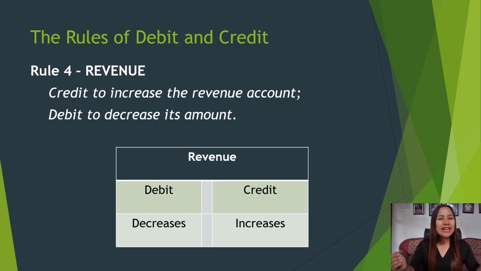And then to debit it means to decrease its amount. So the table says it so. Debit decreases revenue account while credit increases revenue account. That's it. So let us now apply the rules of debit and credit on revenue account.